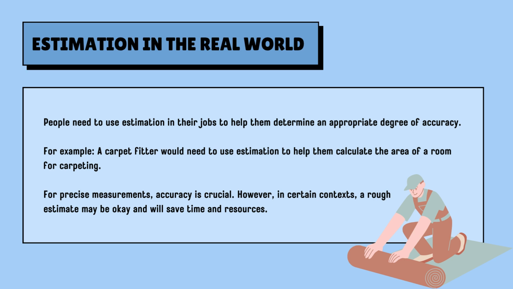For prices and measurements, accuracy is crucial. However, in certain contexts, a rough estimation may be okay and will save time and resources. When you go to builders and say you want to paint your room, and they ask how big your room is, they won't have a bucket for exactly your size room, but they will give you an estimation of how much paint you will more or less need.